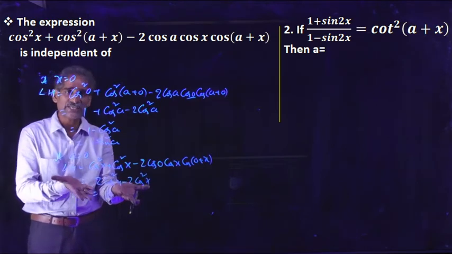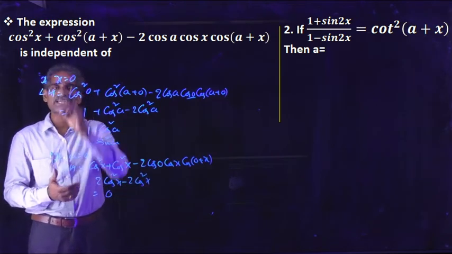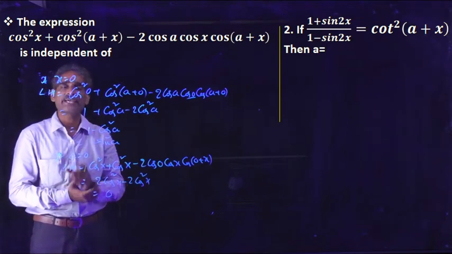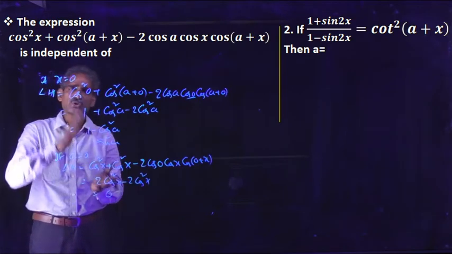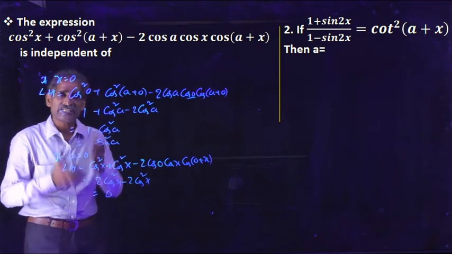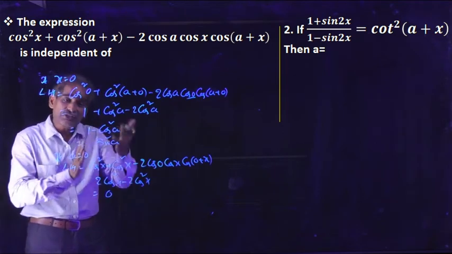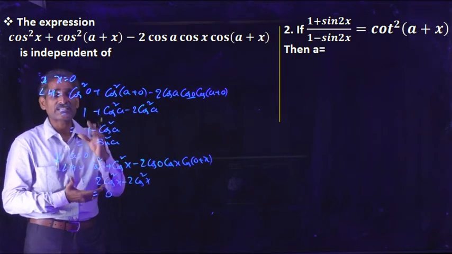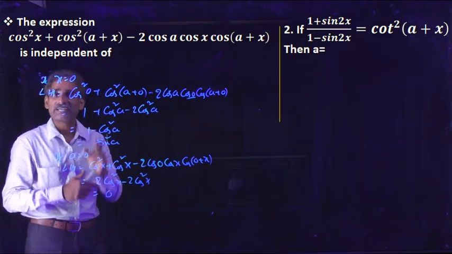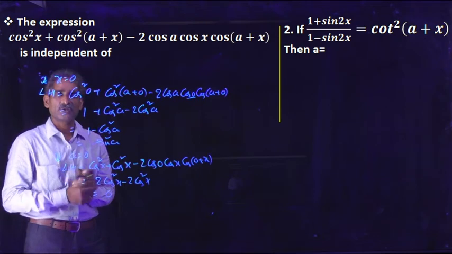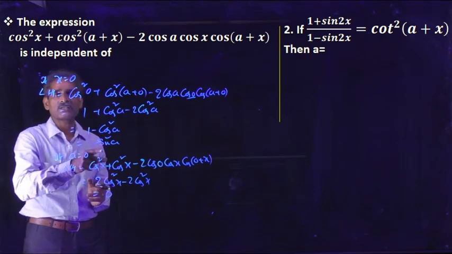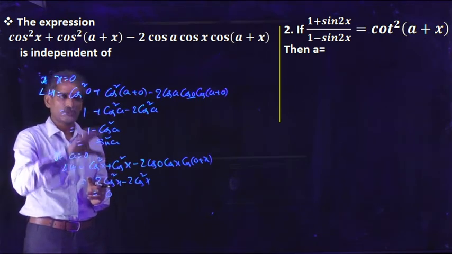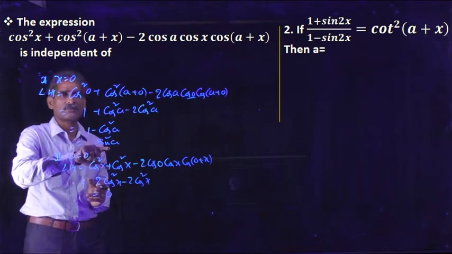So there is no x term also. If you take x equal to 0, we are getting an expression in terms of a. From these two, we can simply say this expression depends upon a. This expression is independent of x. If you take x equal to 0, we are getting the answer in a, so this expression depends upon a.